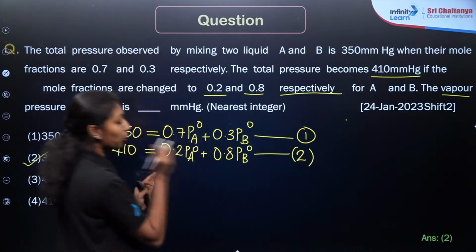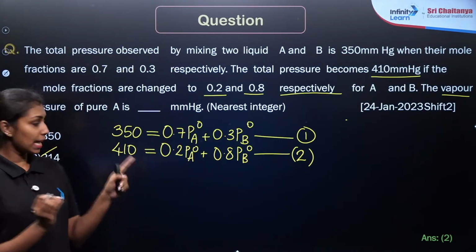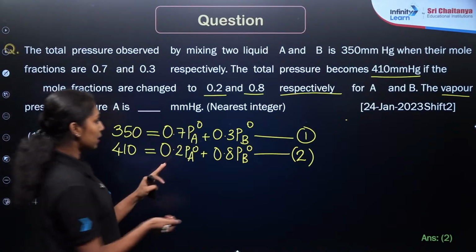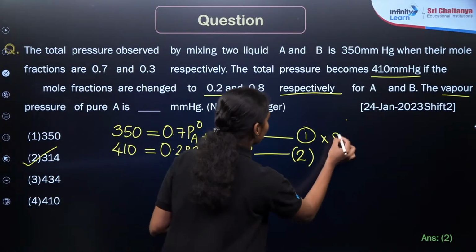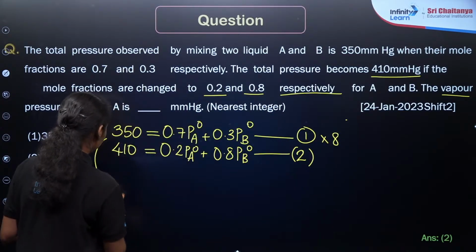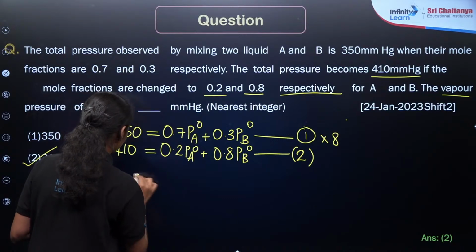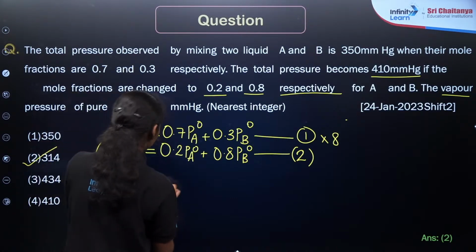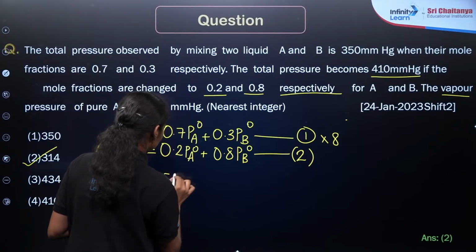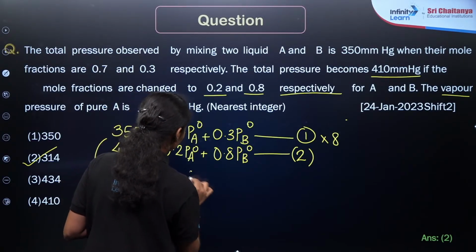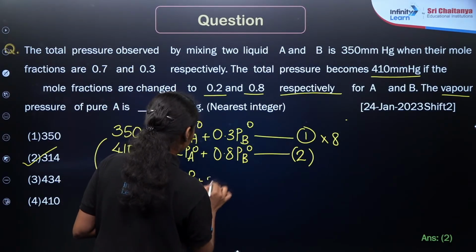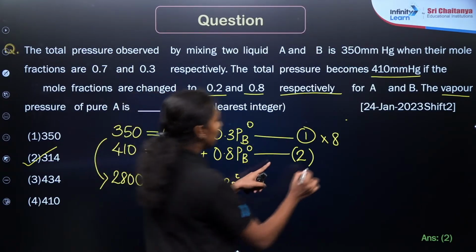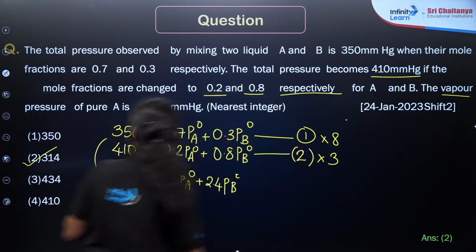By solving these equations, you need to find out the value of PA0 here. What you have to do? Just multiply this equation with 8. Then again multiply the second equation with 3.